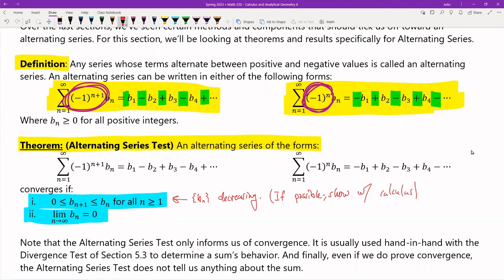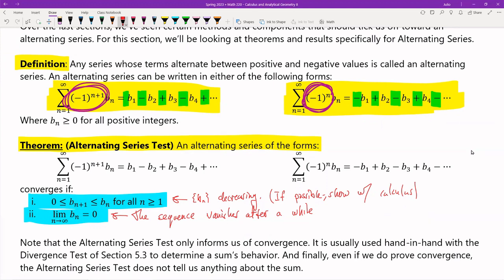In this section, I'm going to show you argumentative approaches to proving that something is decreasing. And then the second one is essentially saying that the b_n's vanish after a while, that the limit of them goes to 0 eventually.